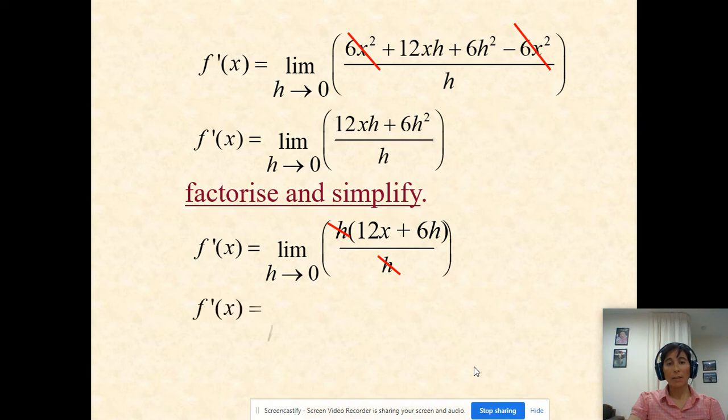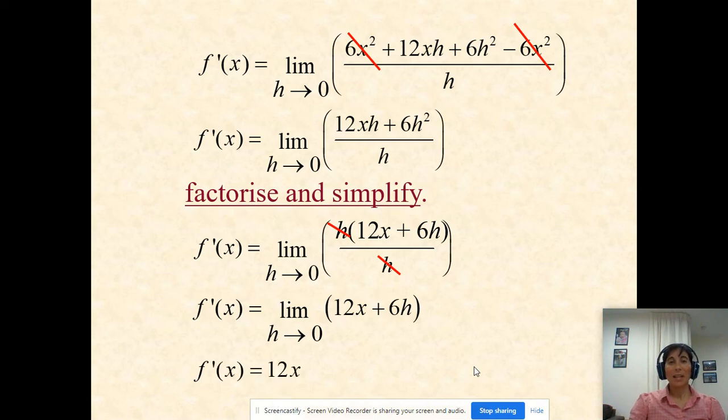So then we have simply the limit as h tends towards 0 of 12x plus 6h. At this point, we can substitute in h tends towards 0, and there we have it. Our derivative is equal to 12x, which is hopefully what we already knew. I love differentiating from first principles, and I hope you will too.